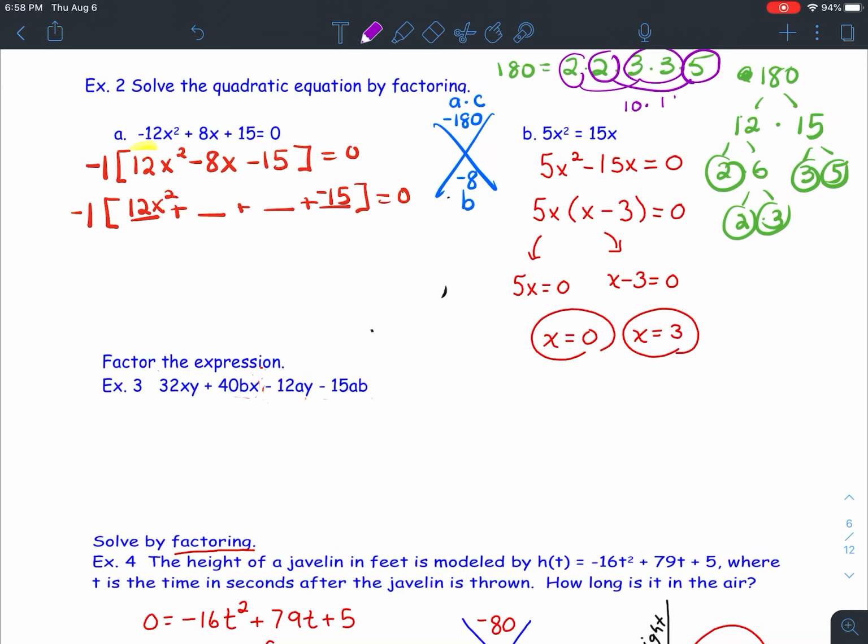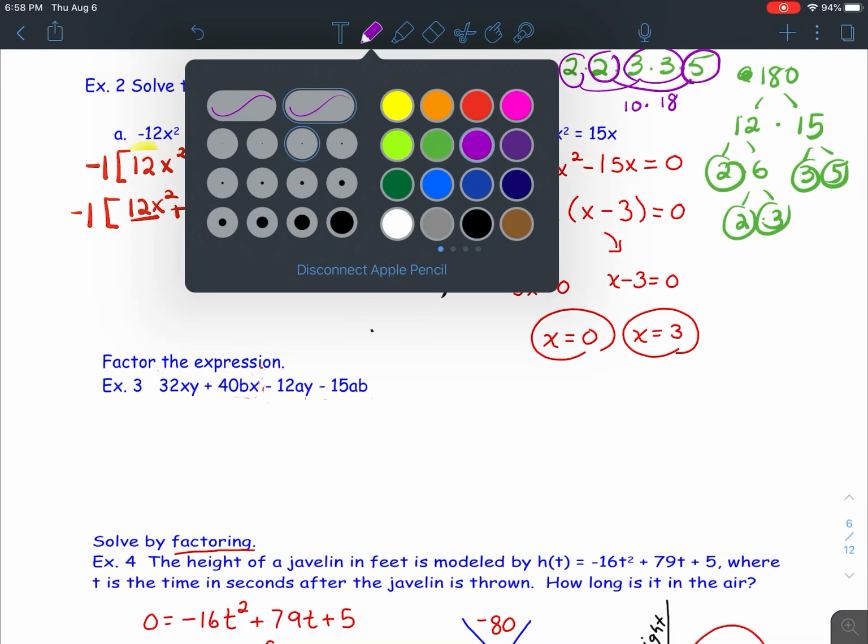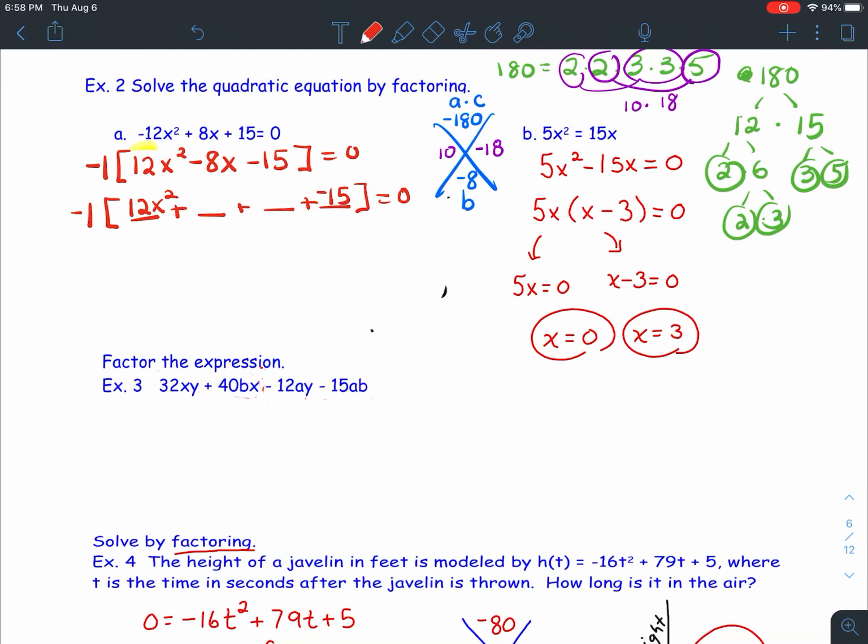I'm going to group the 2 and a 5 together for a 10, and then group the 2 3's and the 2 together for an 18. If I make the 18 negative, I think I can get that to work, where they'll still multiply to be -180, but they're going to add to be -8.